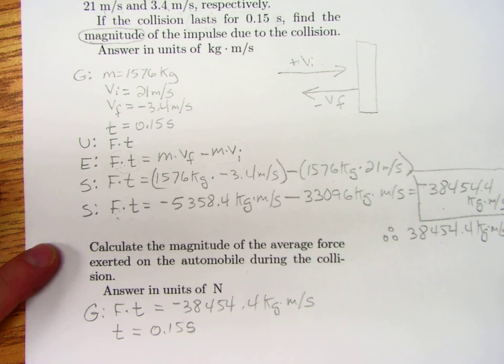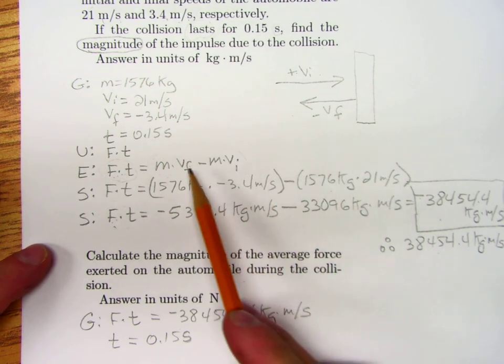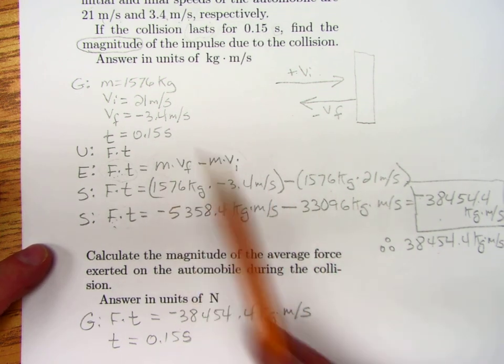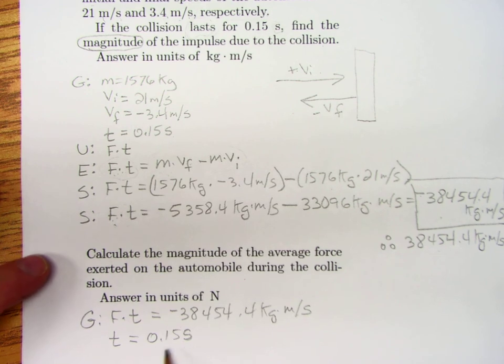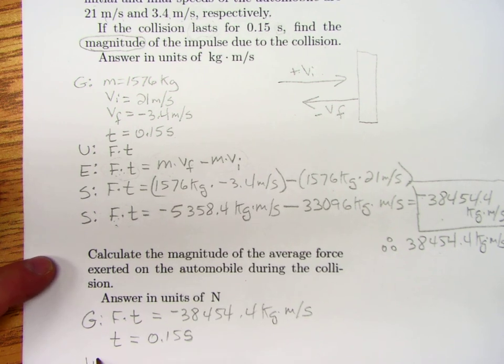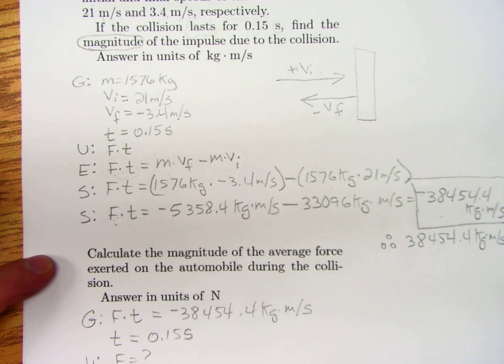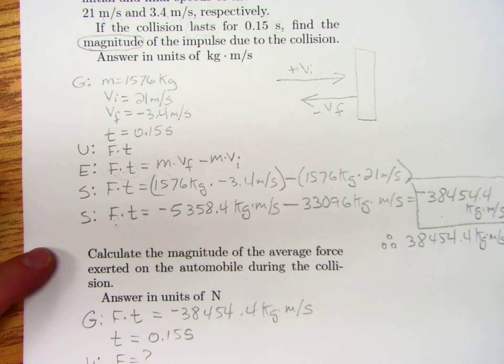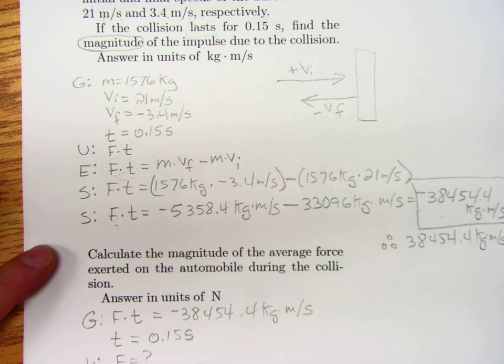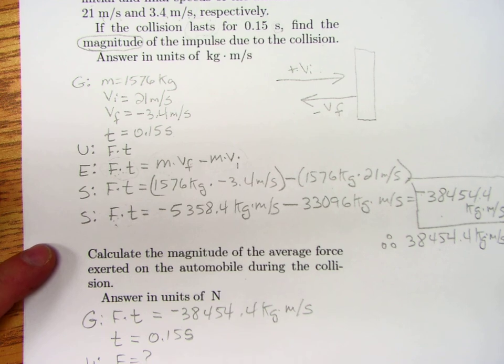That was from the previous problem, and we have it right here. So these are our givens. Our unknown, we're looking for the force. The equation, well, force multiplied by time is equal to the change in the momentum, which is mvf minus mvi.